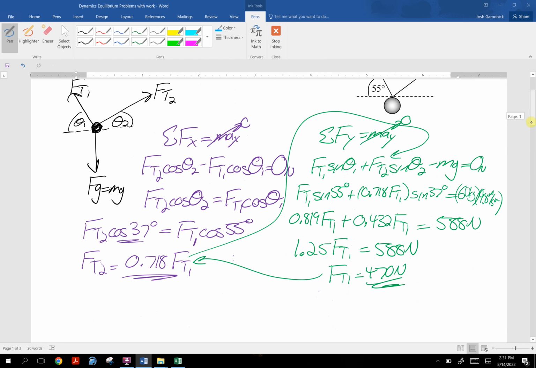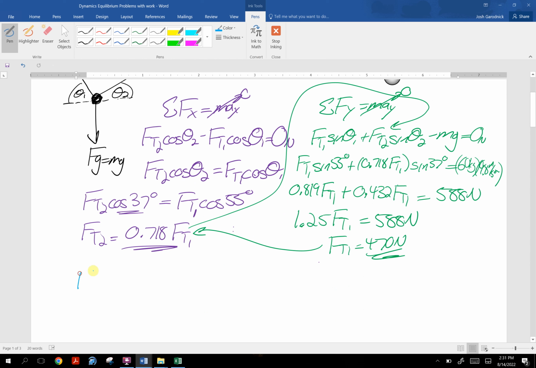So ft2 is equal to 0.718 times the value we got there, which was 470 newtons, is roughly about 338 newtons. 337, 338, what's the difference? And there you go, peoples. Two expressions, two unknowns, and a little algebra involved. All right, let's summarize this puppy.